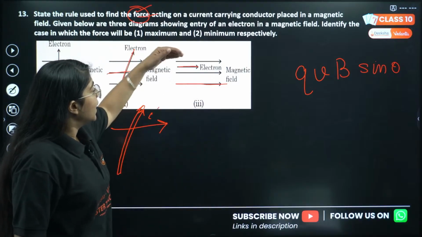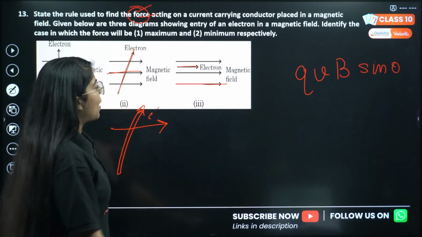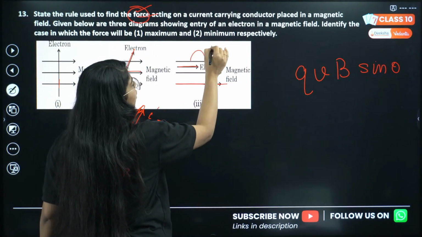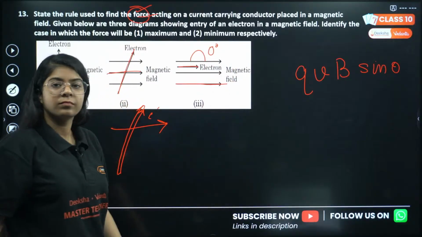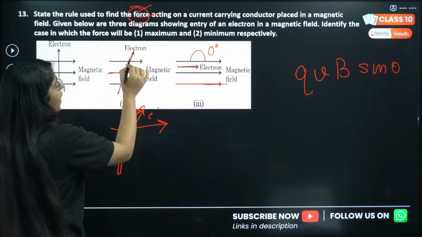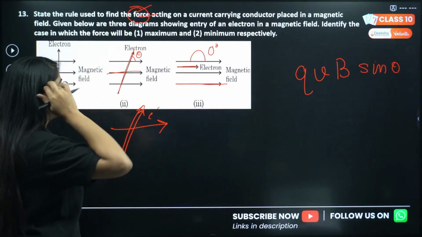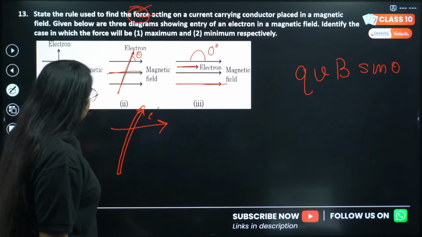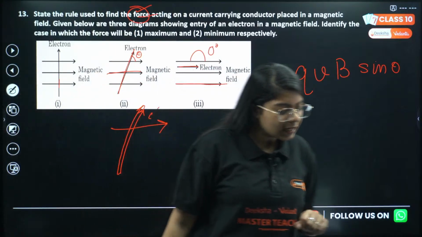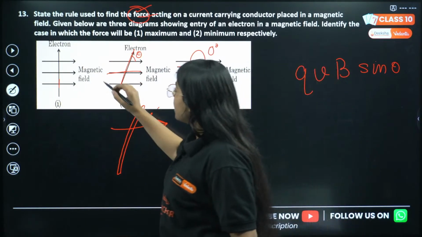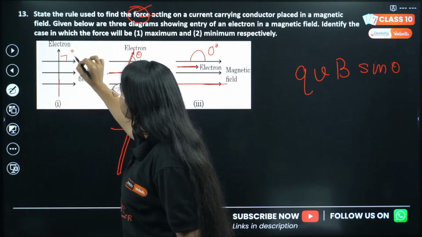Now the electron is moving inside a magnetic field with an angle of what? 0 degree here. Correct? In here the angle is a general angle, maybe 30, 60, anything, we are not given. In this first case, the angle is actually what? It is 90 degrees, we can clearly see.